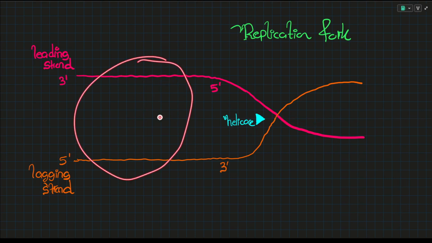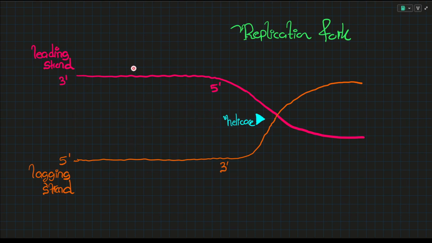Once he's passed through here, there's nothing holding these DNA strands from coming back together again and forming another double helix. For that, we have a very special enzyme that wraps like this around this forming replication fork. Like so. This guy is called topoisomerase.